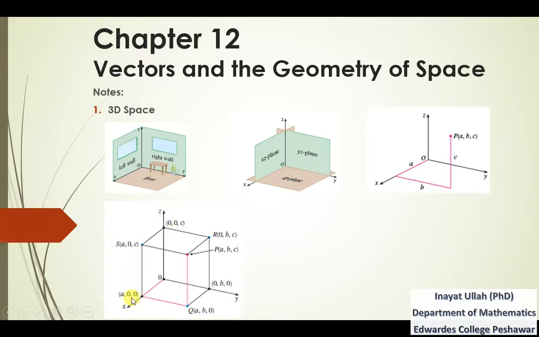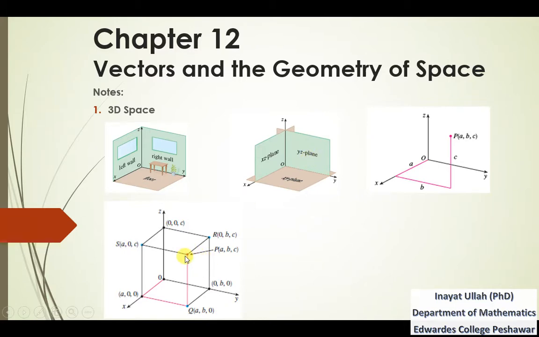So on zx plane, or xz plane, there is no y, y will be missing, y will be 0. And on xy plane, z is missing, so z will be 0. And on yz plane, x is missing, so on yz plane x will be equal to 0.